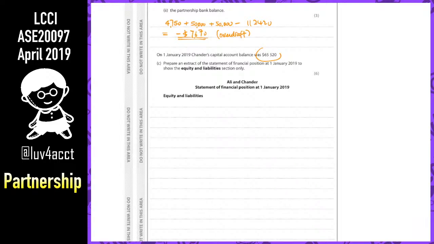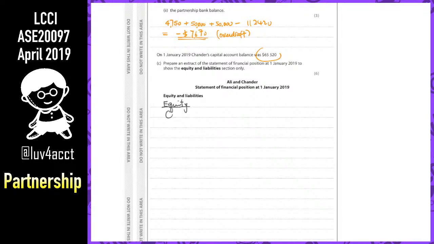So next we have to work on the equity and liability section. So first part would be equity. If you have capital and also current account, you can use columns.